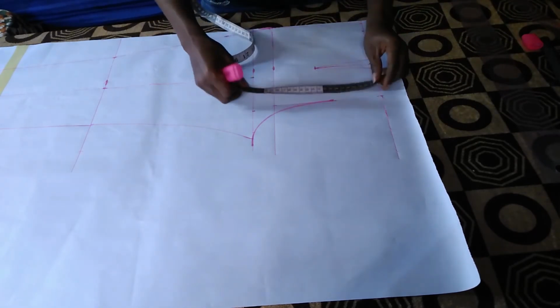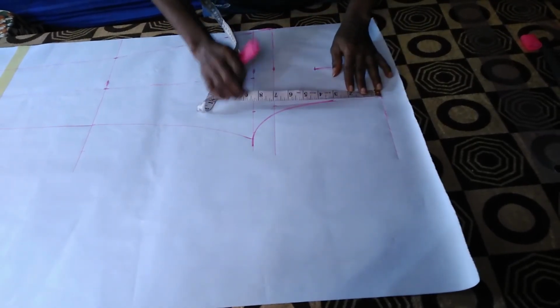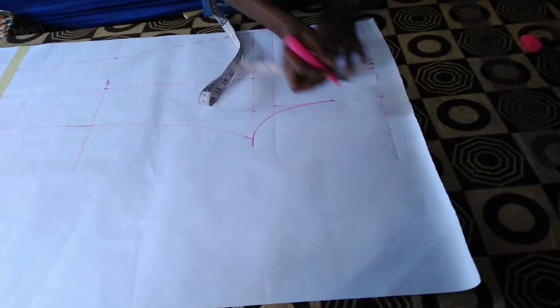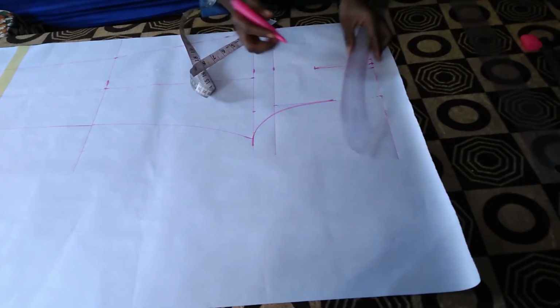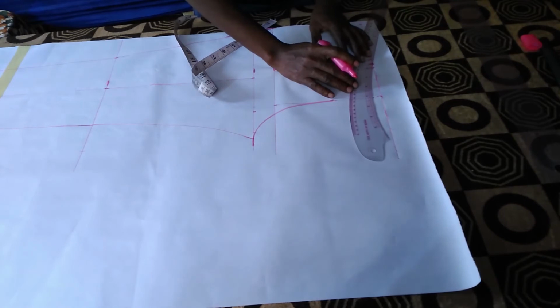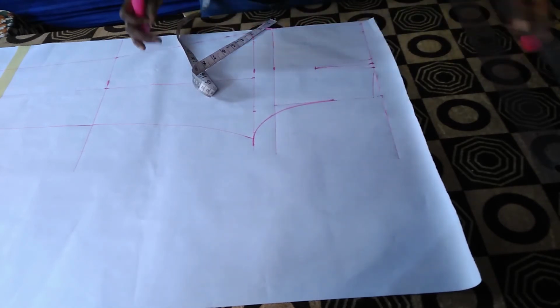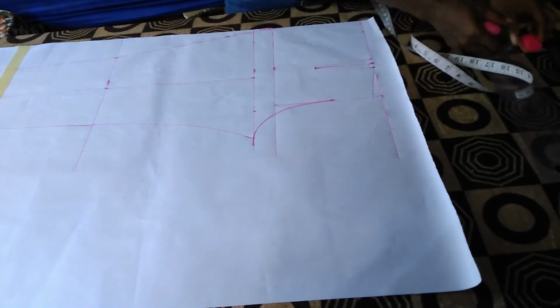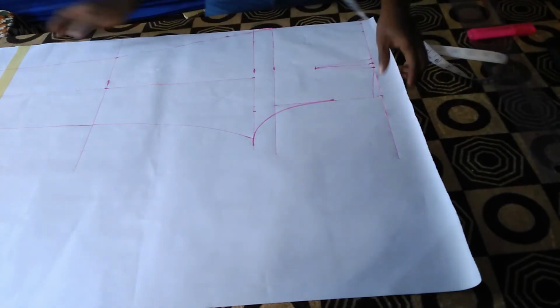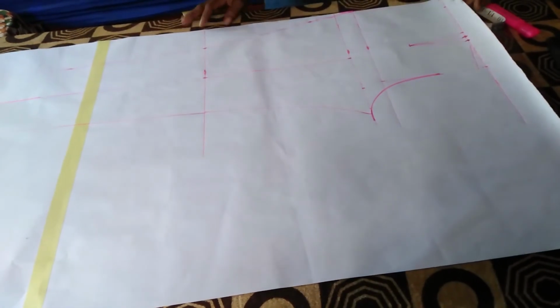Now you slant half an inch from the waist. Slant, you connect to your dart leg. That's for the front pant pattern.